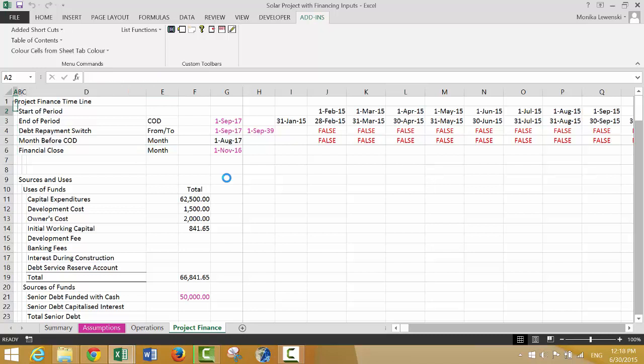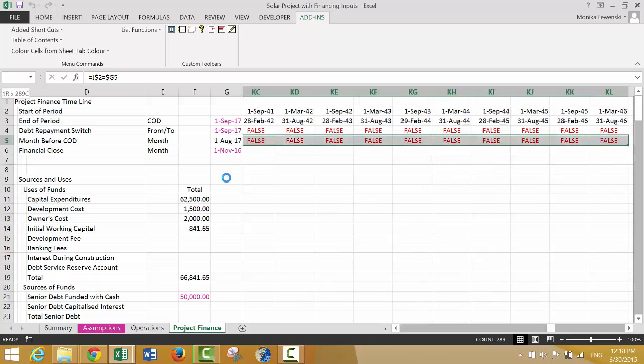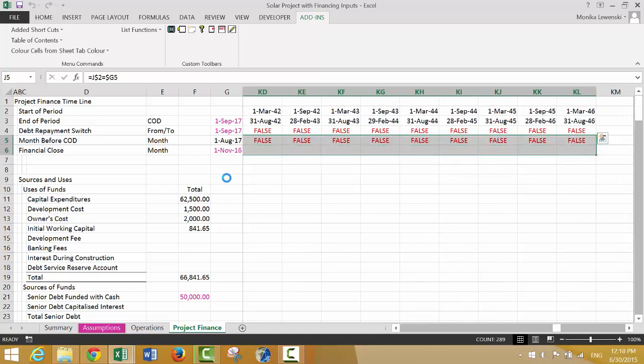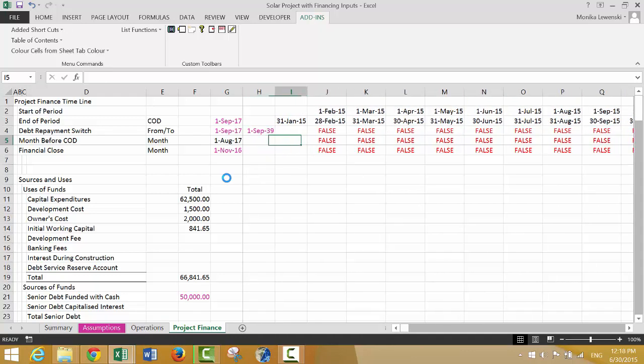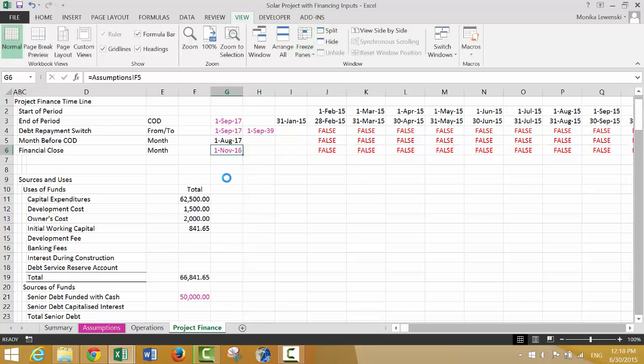After the financial close, so let's shift down, Control D, Alt WFF, I think.